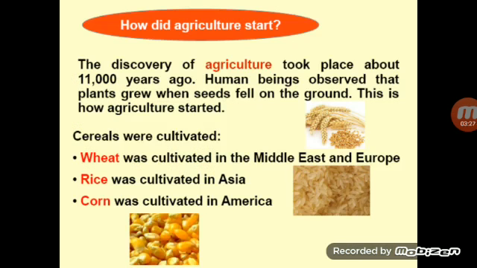How did agriculture start? The discovery of agriculture took place about 11,000 years ago. Human beings observed that plants grew when the seeds fell on the ground. This is how agriculture started. The fertile soil deposited by the river on its banks helped the growth of agriculture.